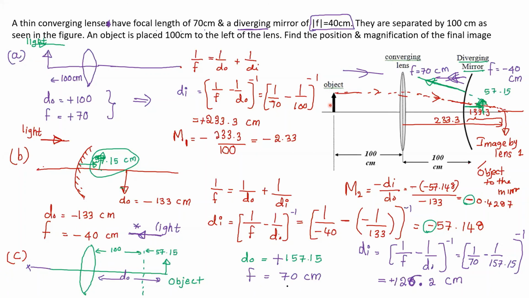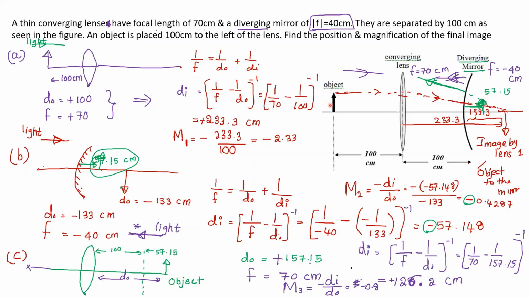So if we calculate M, I'll write M3. M3 will be DI over D naught, with a negative sign. So when you put these values, DI is 126.2 and D naught is 157.15. What do you get when you put those two values? Negative 0.8.